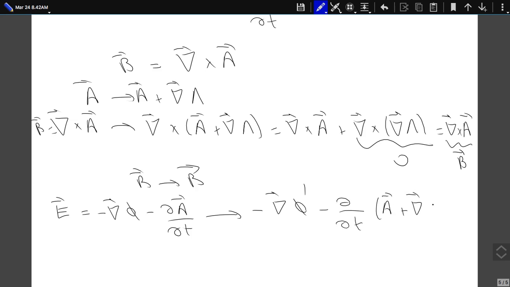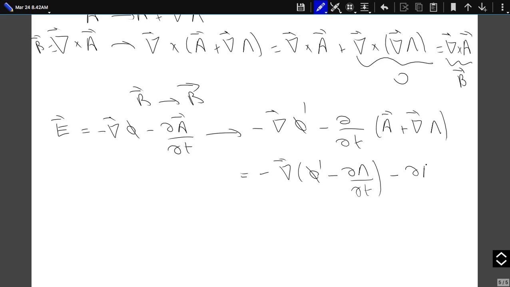Minus the time derivative of A plus the gradient of lambda, which becomes minus the gradient of phi prime minus del lambda by del T minus del A by del T.